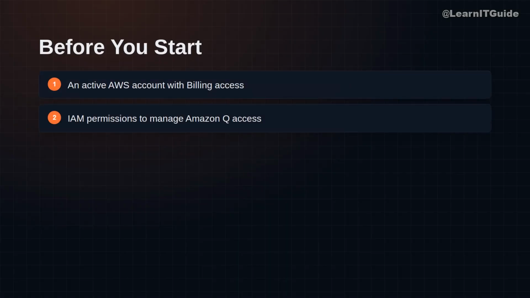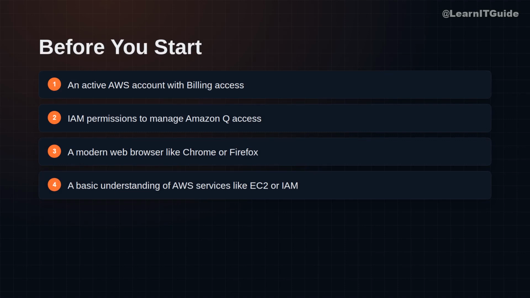Before you start using Amazon Q, there are a few things you need. First, you must have an active AWS account, and you need to ensure you have billing access to manage subscriptions. Second, your IAM user or role requires specific permissions to access and manage Amazon Q. Third, make sure you are using a modern web browser like Chrome or Firefox for the best experience.